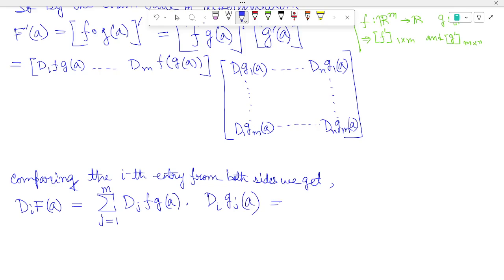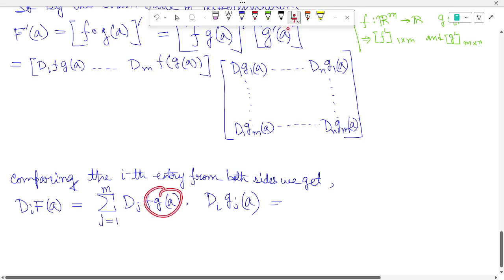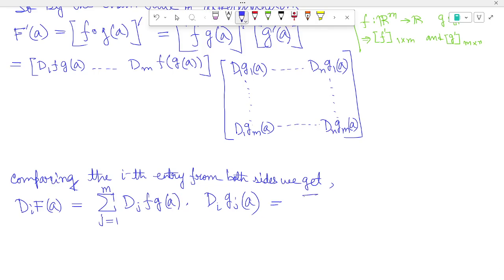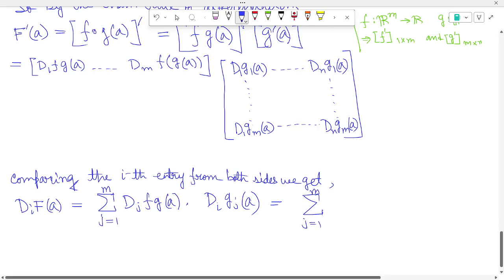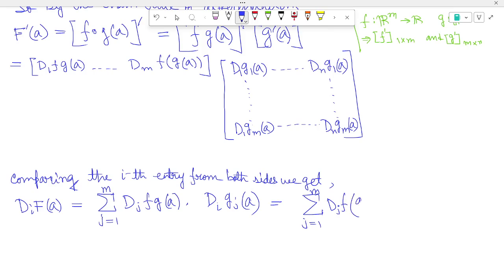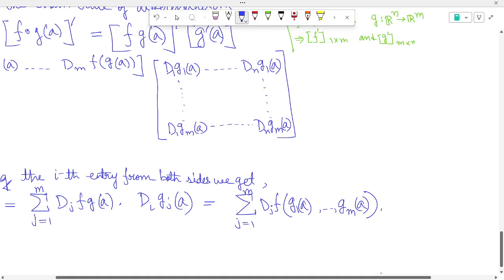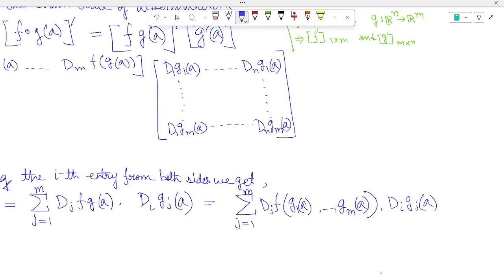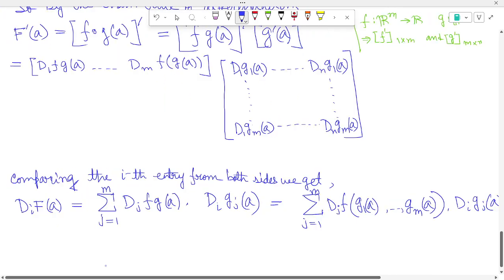Actually, what is g A? Now put the value of g A. So if we write it properly, it will be the sum over j from 1 to m of Dj f of g1 A, up to gm A, multiplied by Di gj A. This is the comparison.